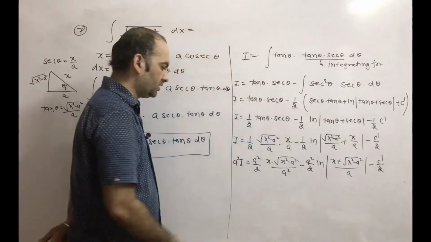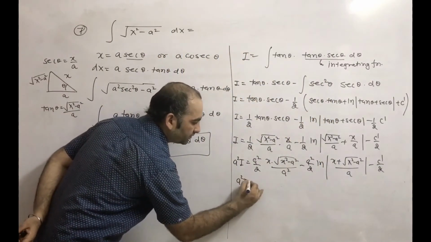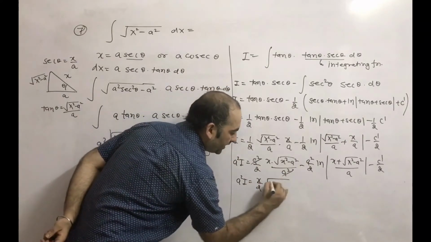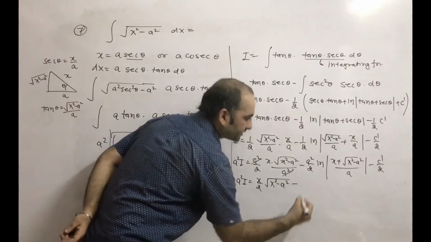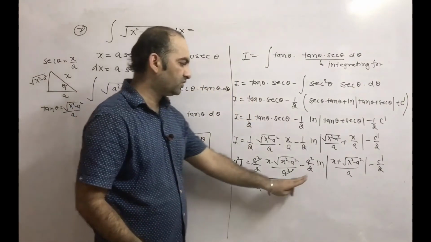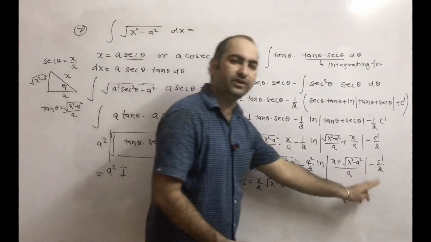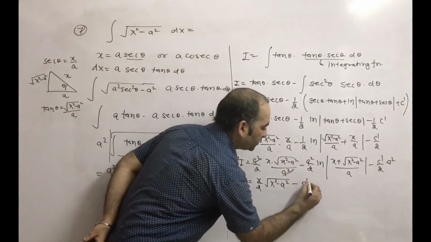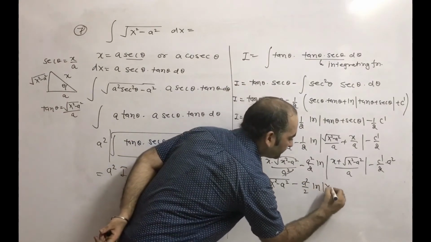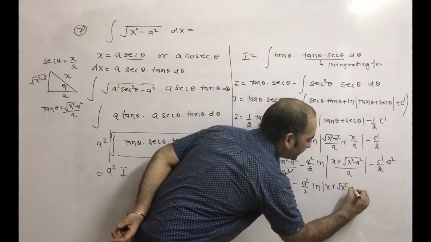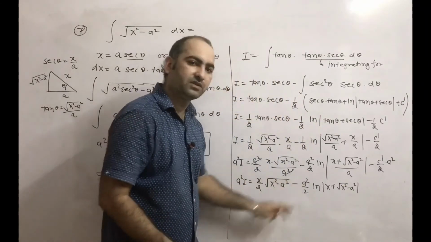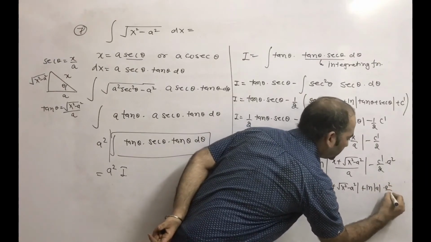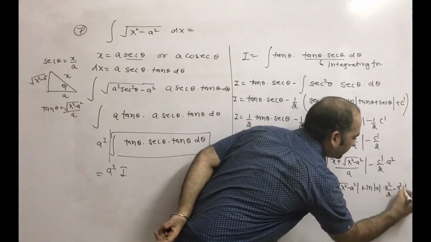So a square getting cancelled, we get x by 2 root over x square minus a square minus a square by 2 ln modulus of x plus root over x square minus a square, plus ln modulus of a into a square by 2, minus a square c dash divided by 2.